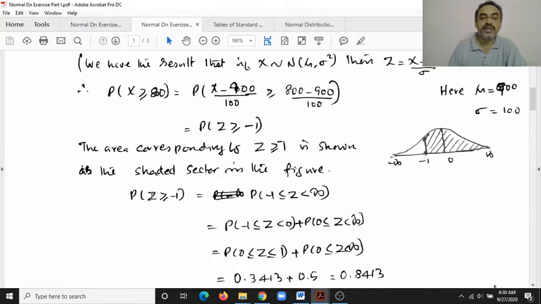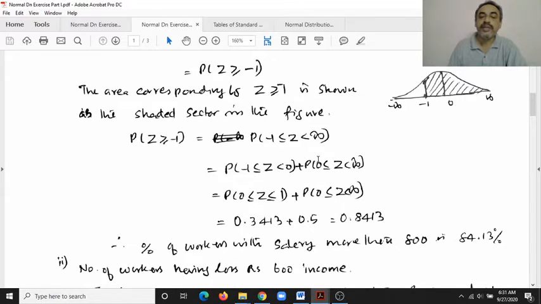That is, z greater than or equal to minus 1 means the least value of z is minus 1, and the greatest value is the usual greatest value of the standard normal random variable, which is infinity. That's why we write the limit of this required probability in reverse order as z between minus 1 and infinity.